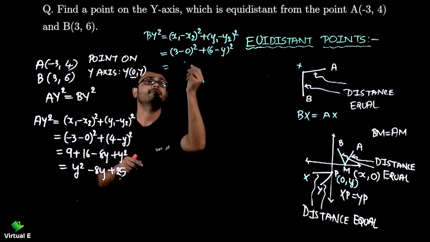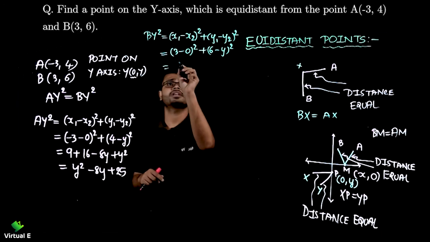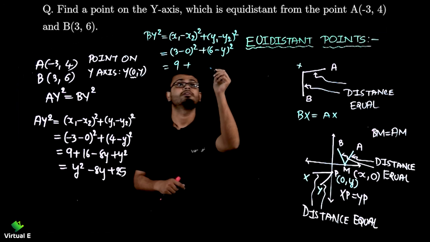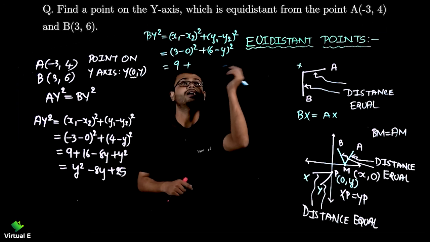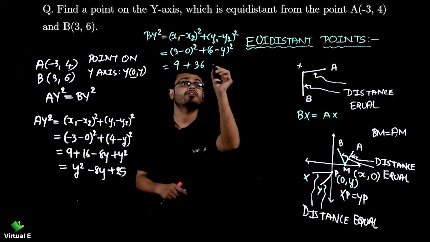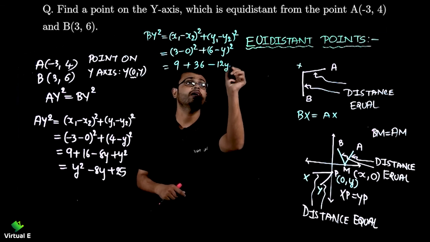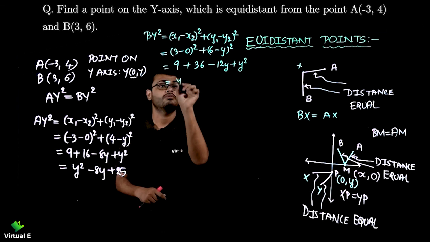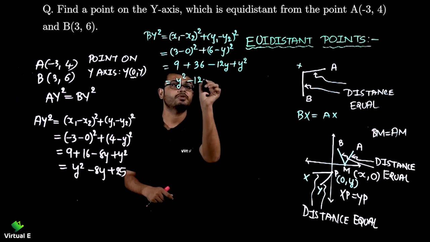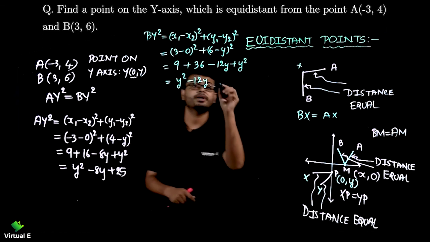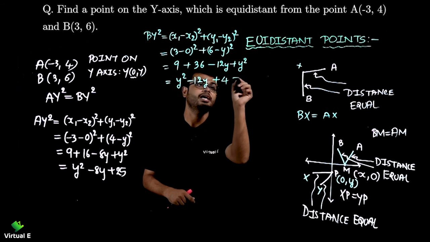Okay, so 3 minus 0, 3 square is 9, plus let's simplify, (6 minus y) whole square, a minus b whole square identity. So 36, and 6 twos are 12, minus 12y plus y square. Let's simplify. So y square minus 12y, and 9 plus 36, you are going to get 45.